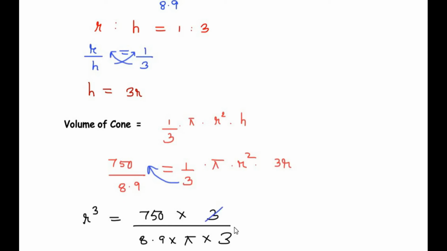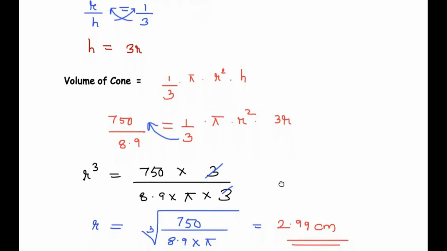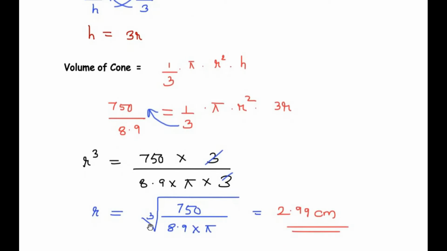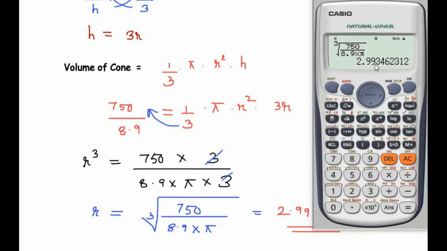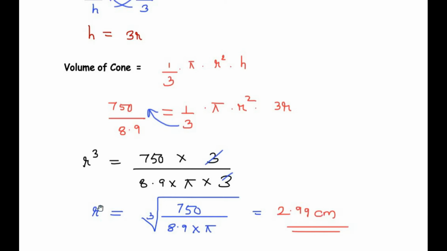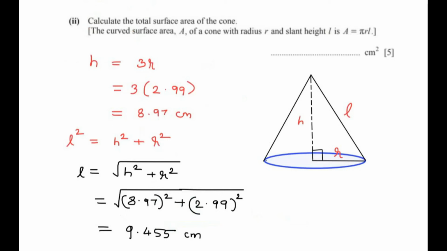Now 3 from the numerator divides 3 from the denominator, and taking the cube on the other side of the equal to sign, it turns into the cube root. So r will be equal to cube root of 750 over 8.9 times pi. Now let us see how much value we get here. This will give us the value as 2.993, and since we have to round it to 3 significant figures, we are going to take it as 2.99 centimeters. So we have shown that the radius of the cone is 2.99.